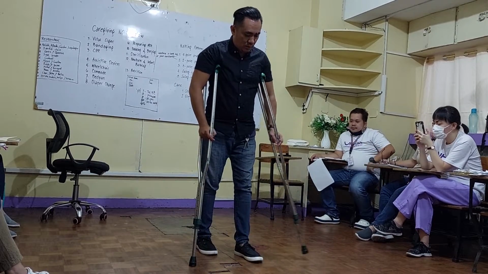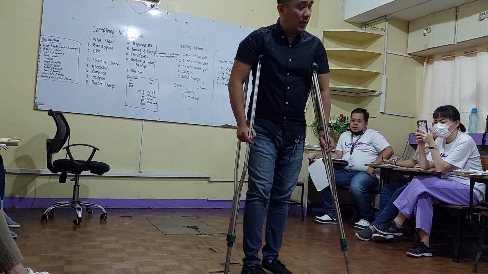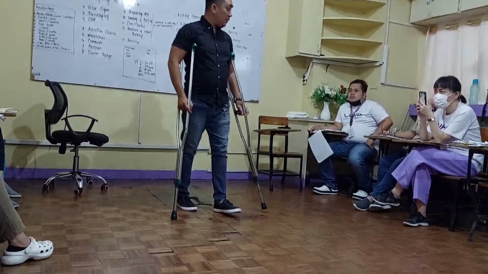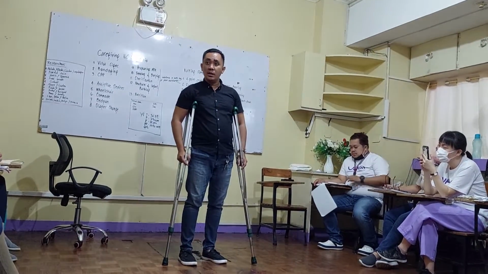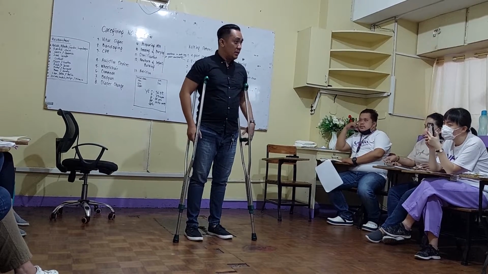It's easy for you to walk if you memorize the numbers. Basta, if the assessor tells you, walk using 4-point crutch gait, 4-point, number 4, so there are 4 moves. Do you get it?